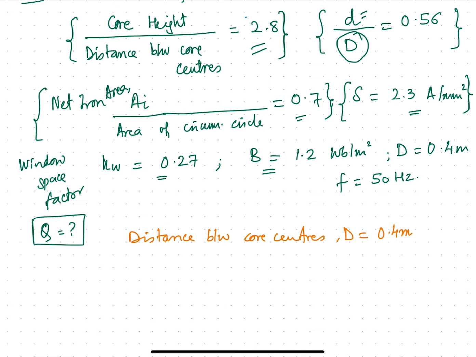Also we are given, using this expression here, that core height to distance between core centers is 2.8. So height of the core you can calculate. It is 0.4 into 2.8, so that is 1.12 meter.